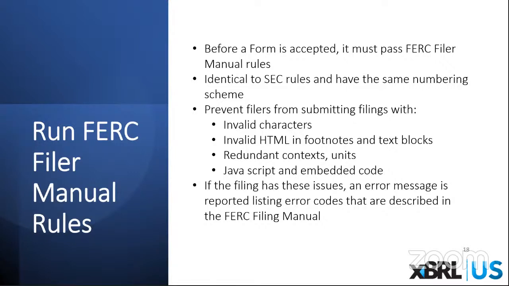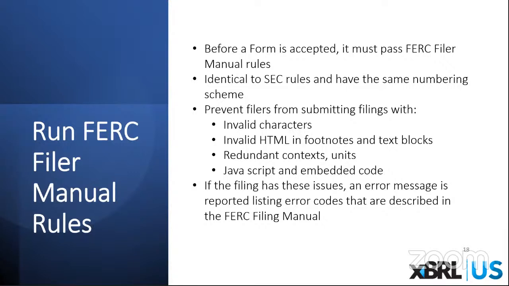So these basically are looking for things like malicious code that might be in the filing, or control characters which could cause problems. These rules basically mirror the rules that the SEC has.